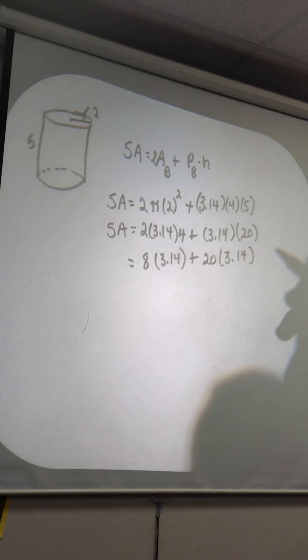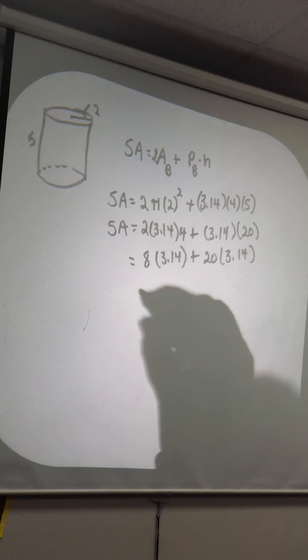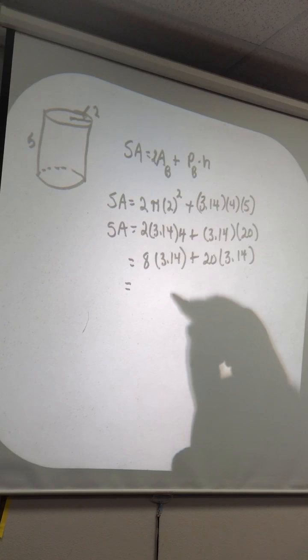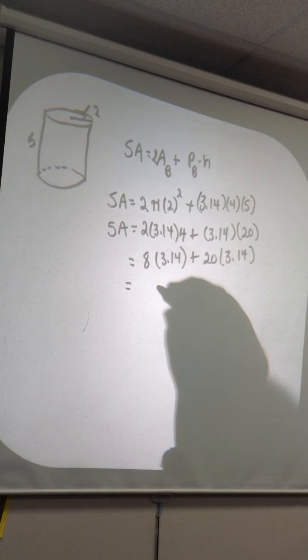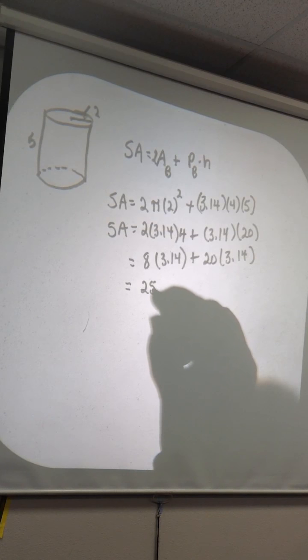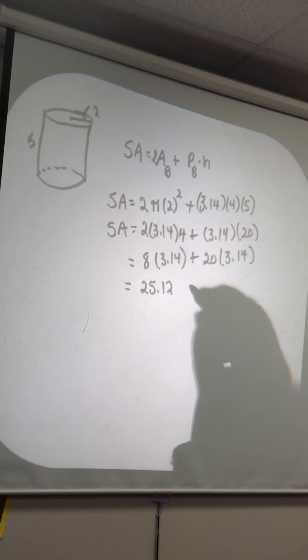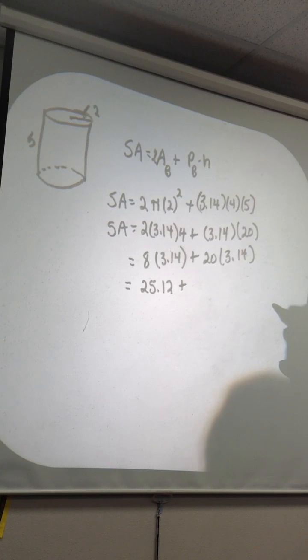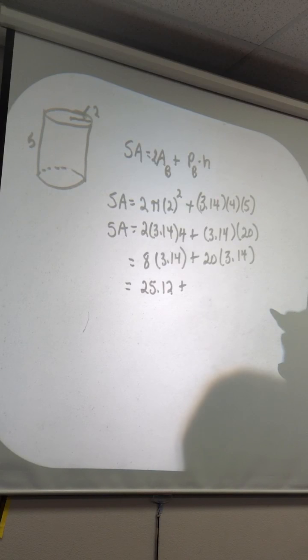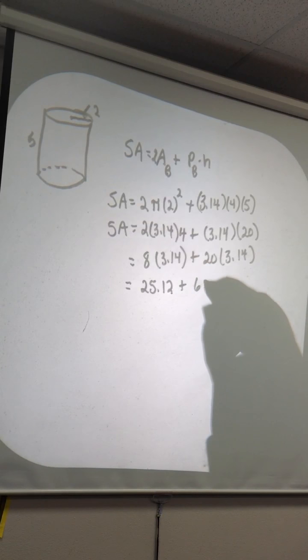What is 8 times 3.14? Tell me. You do it. What is it, Georgia Lee? 25.12. You guys agree with her? Did she do it right? Okay. And what is 20 times 3.14? 62.8.